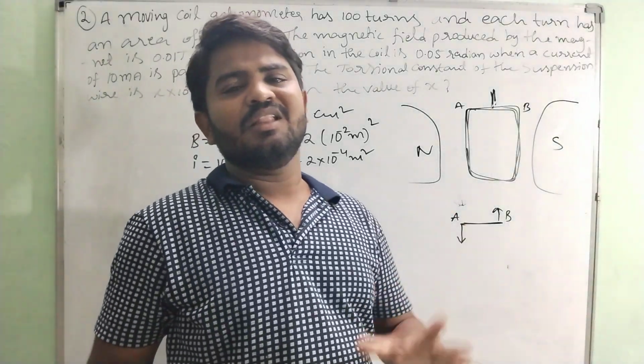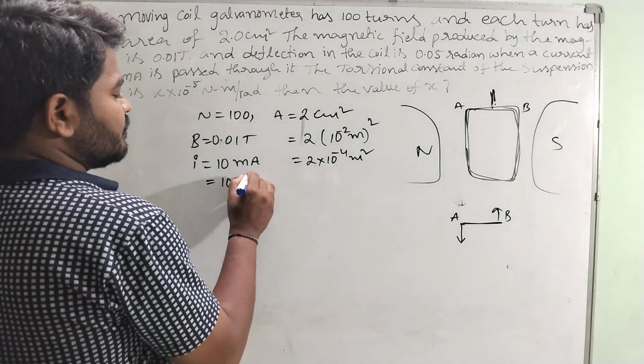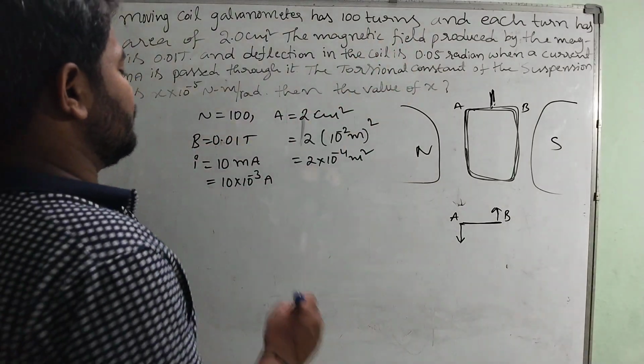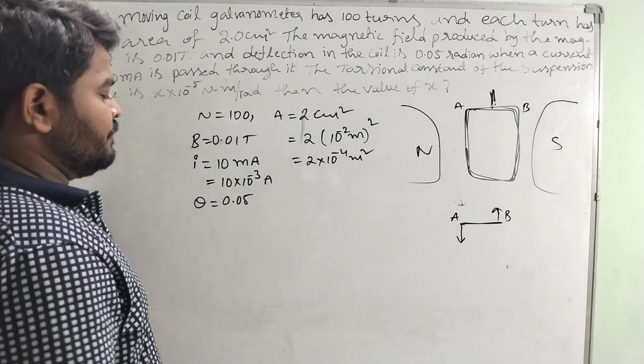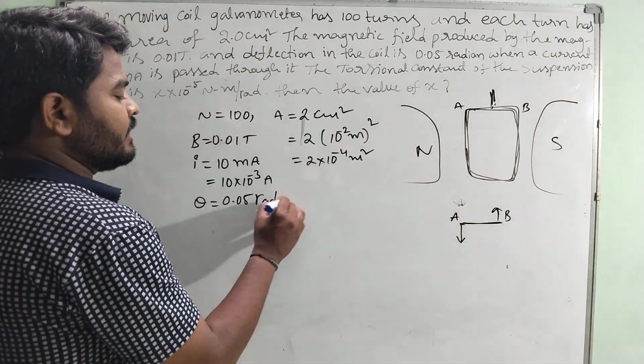Do remember that milli means 10 to the power of minus 3, right? So current I is 10 into 10 to the power of minus 3 amperes, and the deflection theta is 0.05 radians.